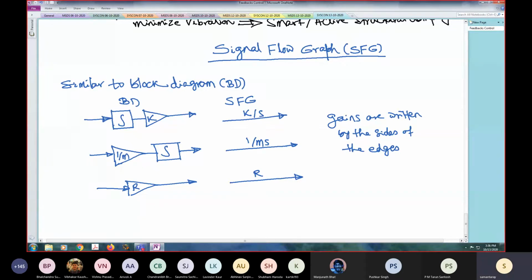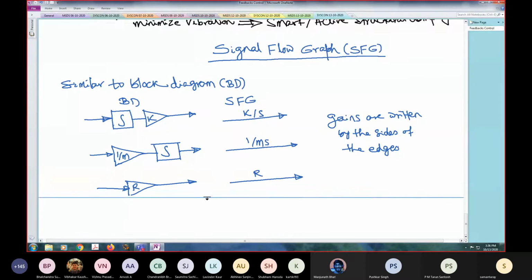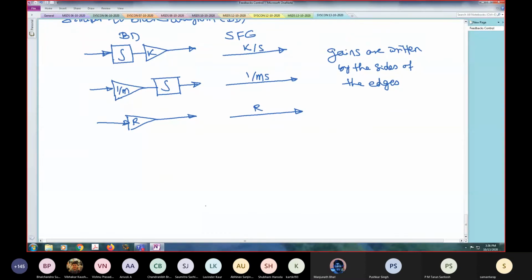Now there will be nodes of the graph. Let's say we have plus, minus, minus, output. This is our block diagram.